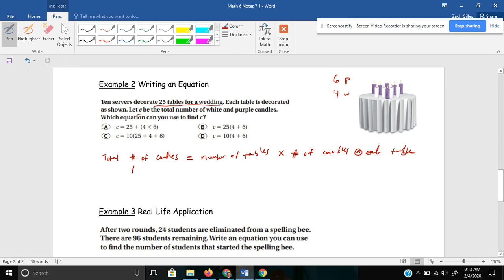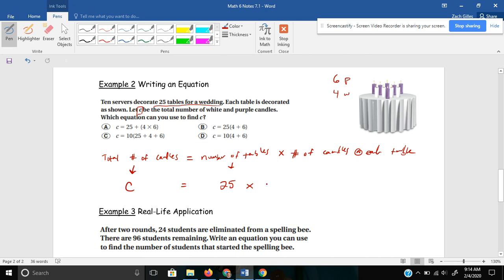Well, the total number of candles, that was C, equals the number of tables. How many tables did I have? That was 25. Times the number of candles at each table. Well, I have 6 purple and 4 white. So times, I need to add those together.